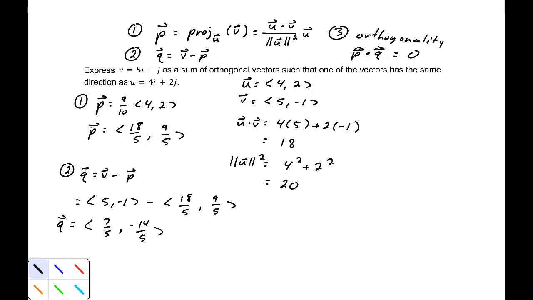Now, finally, we want to make sure that these two vectors are orthogonal. So step 3, we will find the dot product of 18 over 5, comma 9 over 5, and 7 over 5, comma negative 14 over 5.